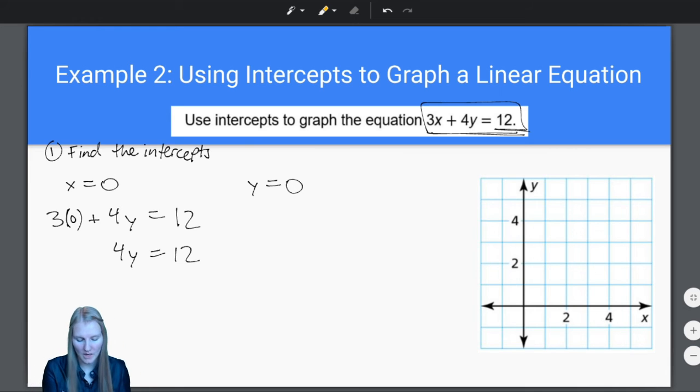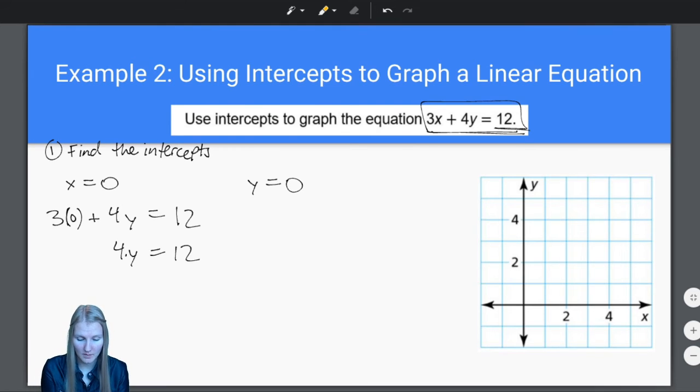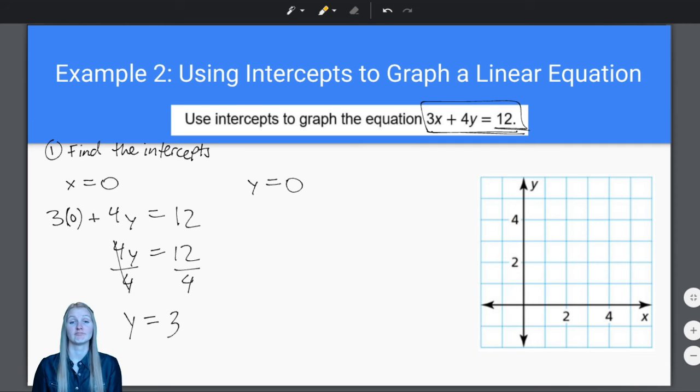Now, how do I get y by itself? I have 4 times y, so I am going to divide by 4 on both sides. And we get y is equal to 12 divided by 4 is 3.